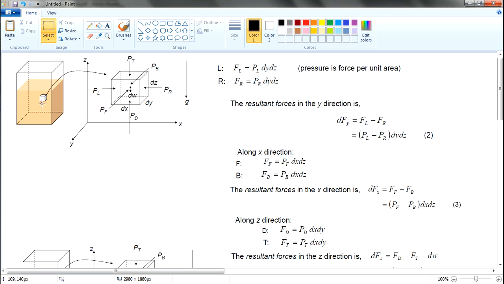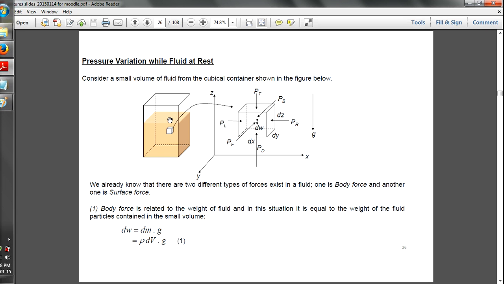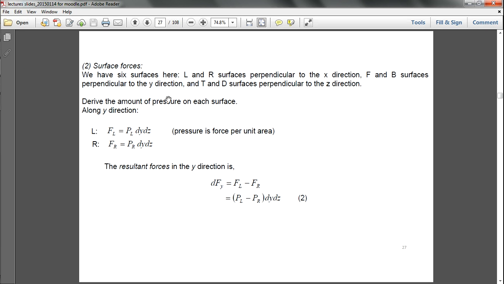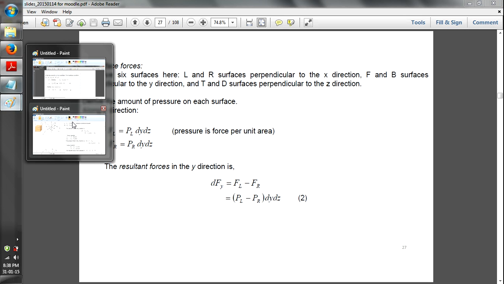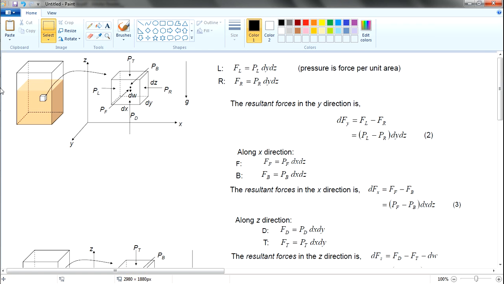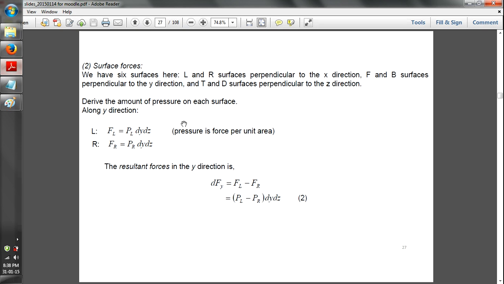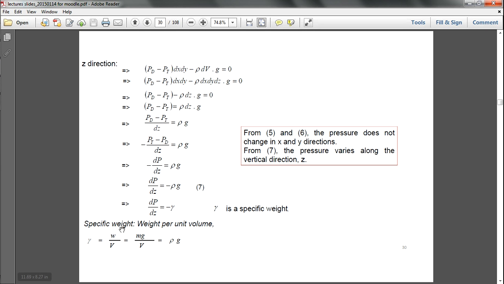We will assume that this cube is a water cube. Our main objective in the end is to derive the specific weight, gamma equals W over V, I mean gamma equals rho g, sorry.